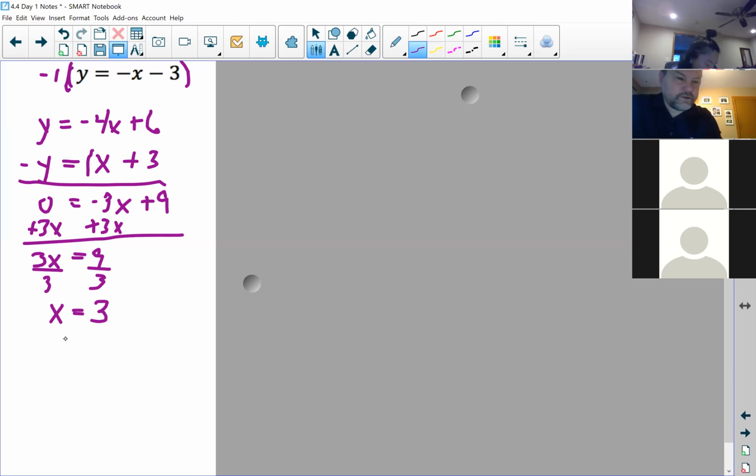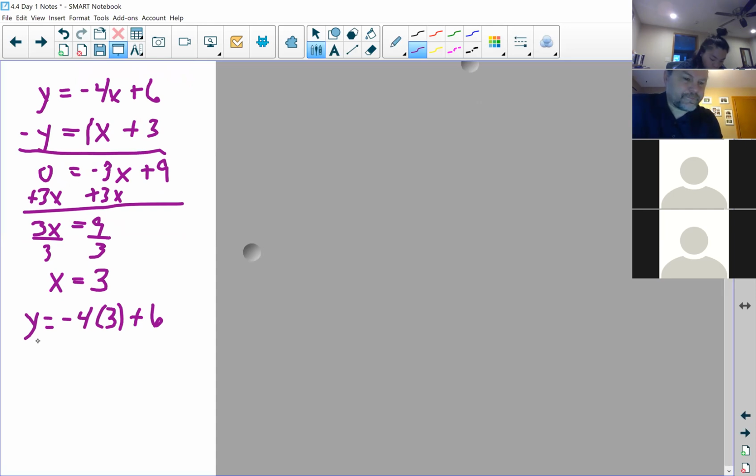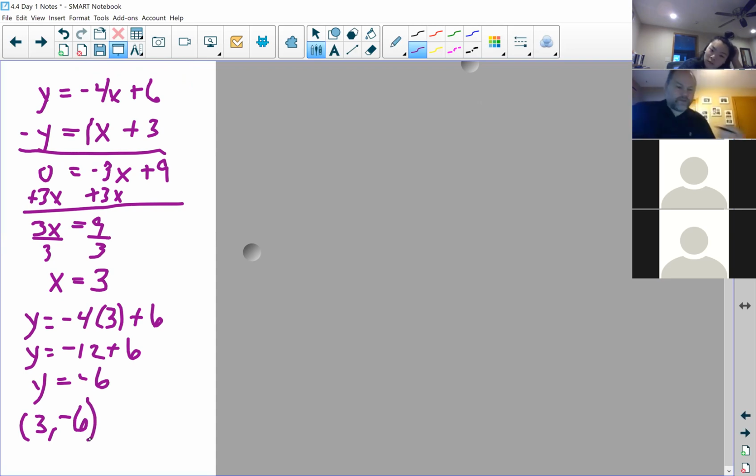If I then plug into the top equation to find my y value, so I have my solution, 3, -6. Right? That's using elimination.